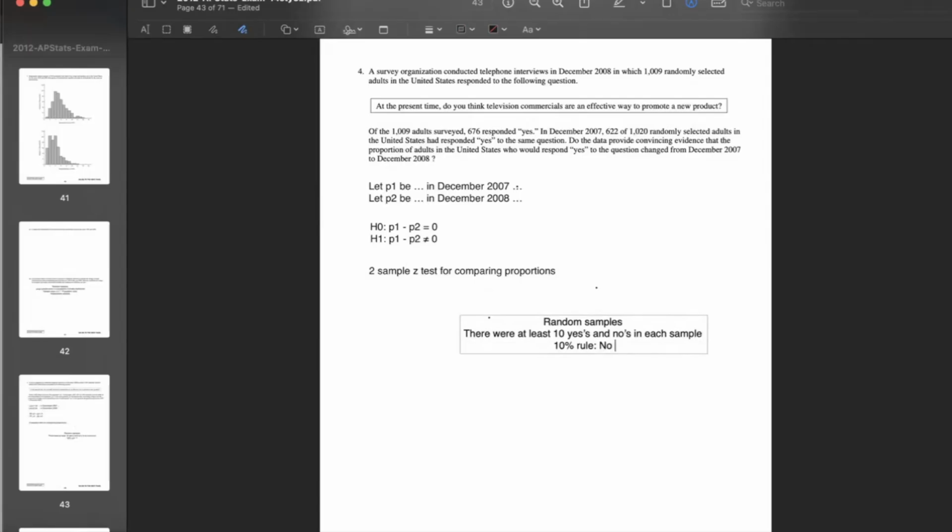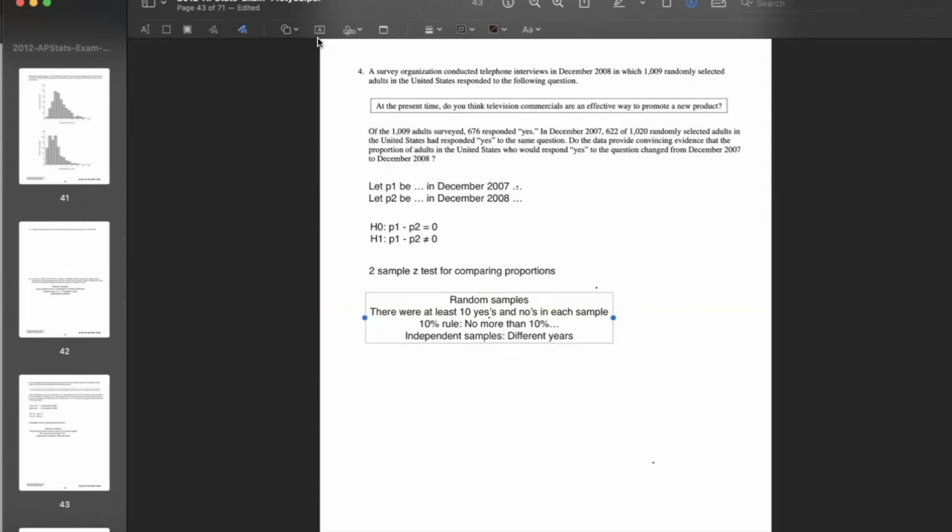So no more than 10% of the population is sampled. To explain it, you could just say that since the population is all US adults, that's clearly greater than 10 times our sample sizes. And finally, independent samples. To explain why the samples are independent, you could just say they were from different years.